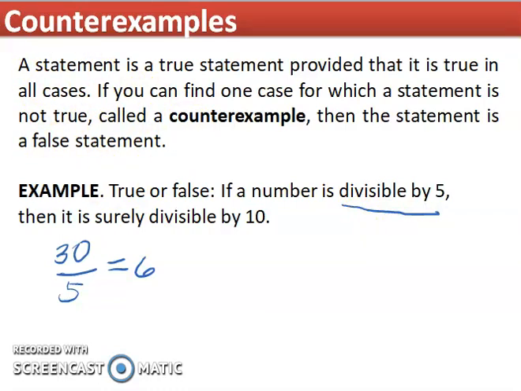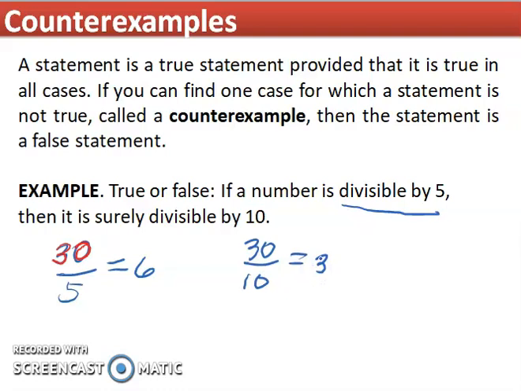Okay? So take note that our number here is the number 30. So is it divisible by 10? So 30 divided by 10 is 3. So there is no remainder.